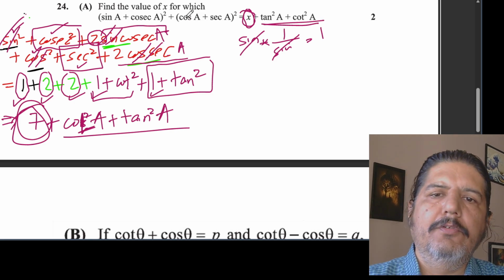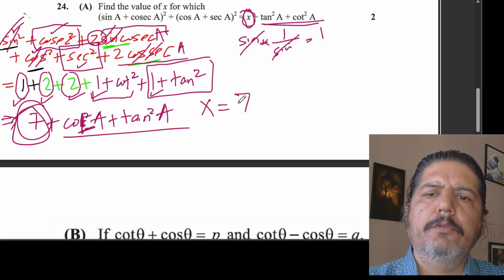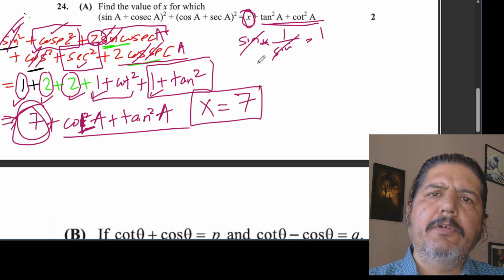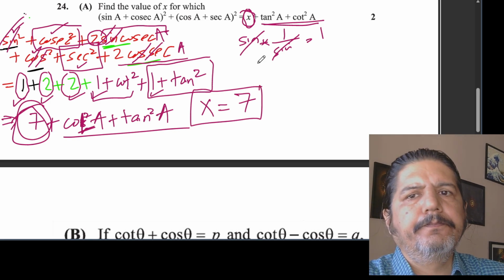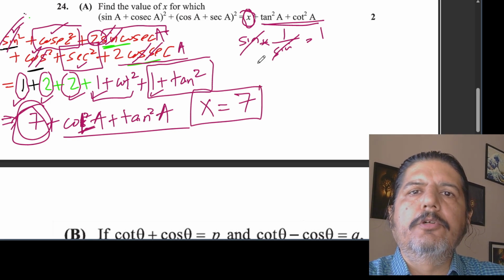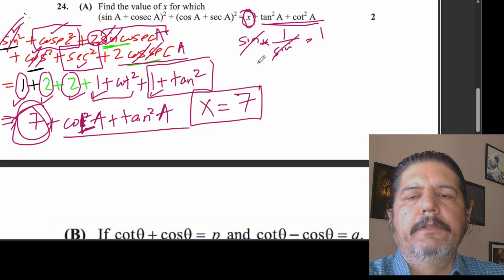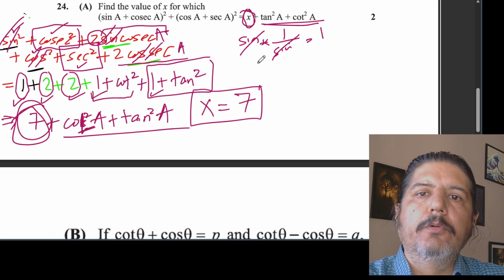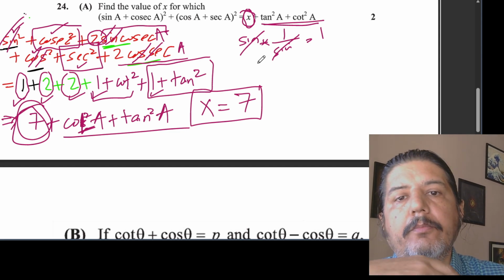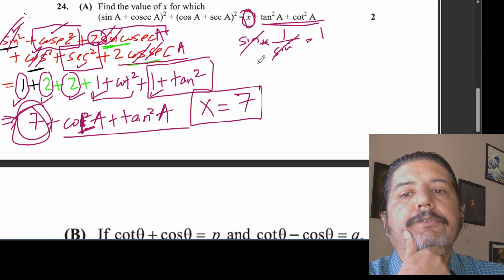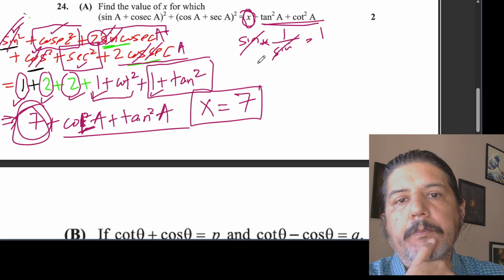So the value of x is equal to 7. I hope this makes sense. And that is why it is suggested that you should always try to do the past papers, because you'll find a variety of questions which are asked in the board exam. This is from the 2025 CBSE paper.